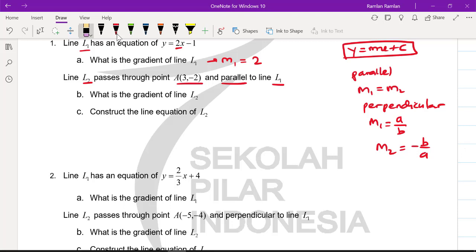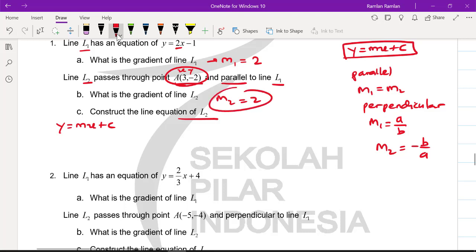There it said that it is parallel. It means that the gradient of the second line is also going to be equal to 2, right? Because they're parallel. Okay, and the next one is construct line equation. We have already done this before, so this becomes the x and y, right? And by using the same concept, y equals mx plus c, find the c by putting the 2 onto the m, and then putting the x here, which is 3, and the y is negative 2, plus c.